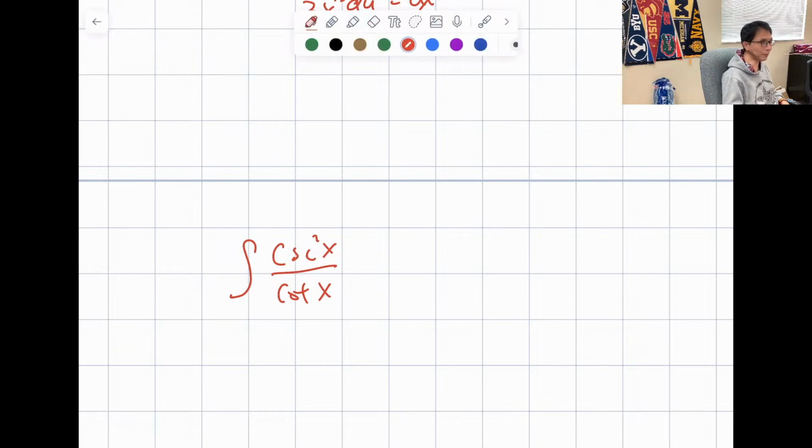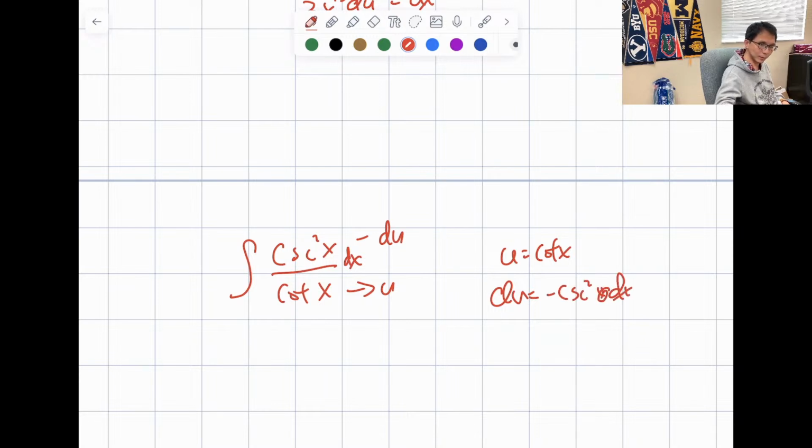Jack, did you do this one? What is it? Good job. u equal to cotangent of x. Do you see this is a u? This is a du. Actually, this is dx, but the top part is du. So u equals cotangent of x, du is equal to negative cosecant squared x dx. That was already ugly.